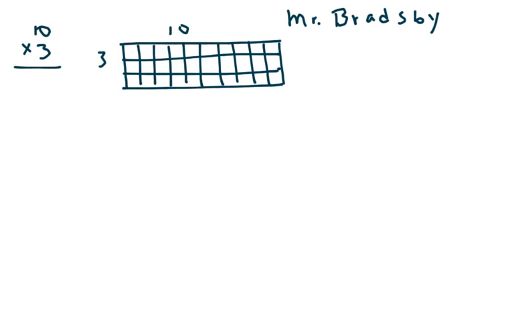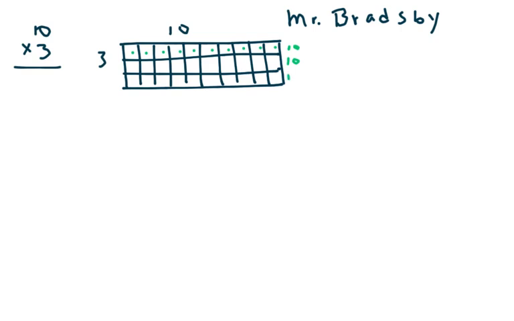Okay, so here we have 3 by 10. So if I count these, 1, 2, 3, 4, 5, 6, 7, 8, 9, 10, that's right. So we have 10 here. And the same then on the next row, right? We have 10 there.